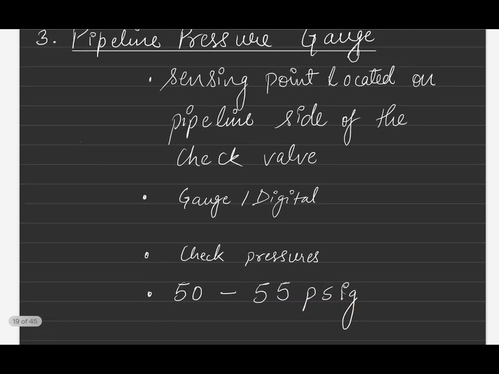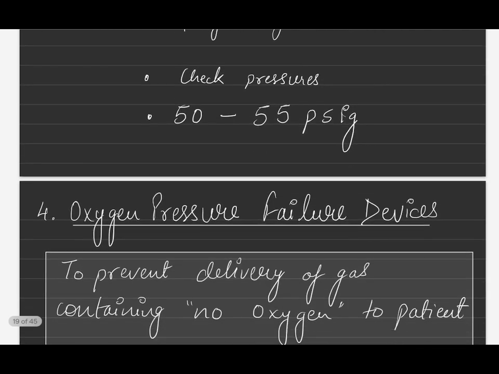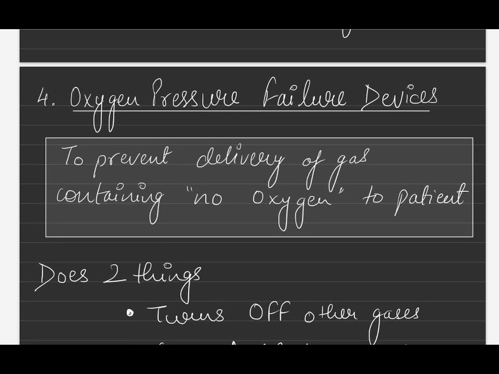So after pipeline pressure gauge, we have oxygen pressure failure devices, very important devices. They are a very important safety feature. They prevent delivery of gas containing no oxygen to patient. They prevent delivery of hypoxic mixture to the patient.